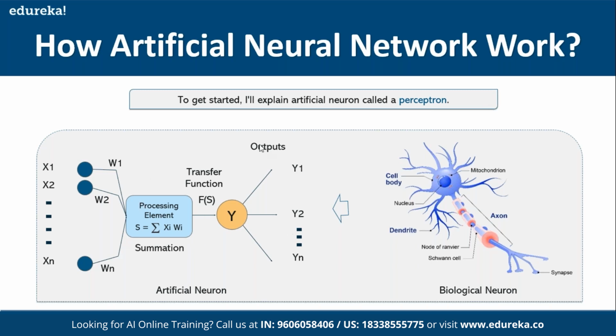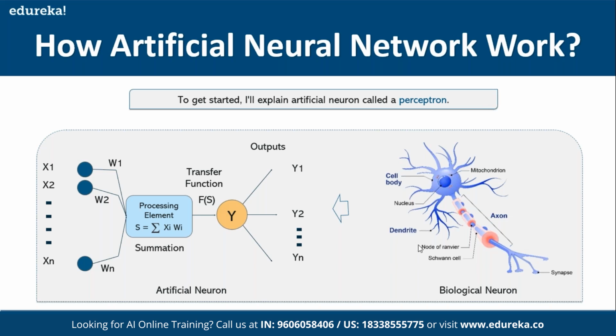Then we have a transfer function, which means whatever data is processed, based on a trigger, the output is fired. That's where we say a neuron fires, or fires the output. So that is where you have the f of s, the transfer function, which results in your output.